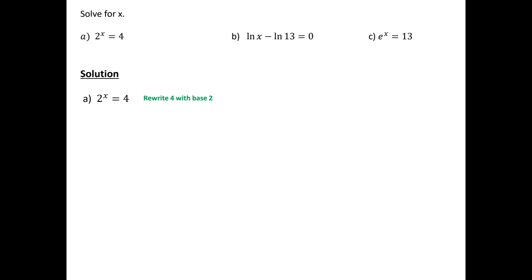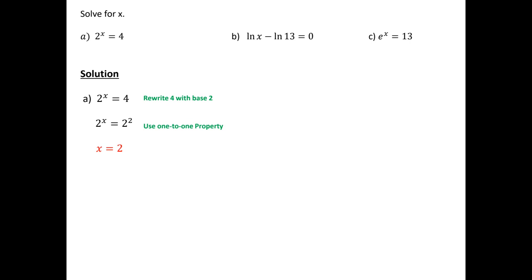If we see here, 2 squared is 4. For these two exponents to be equal to each other, I know that this x has to be 2. Okay, so this is my one-to-one property.